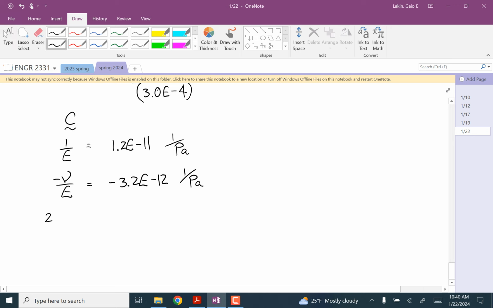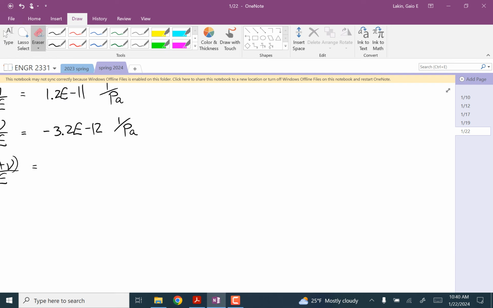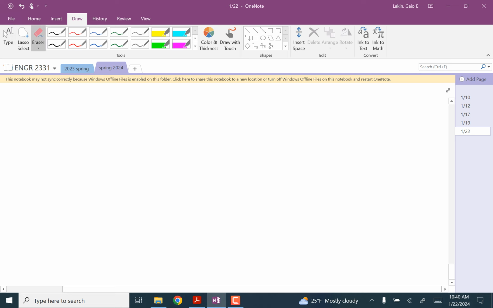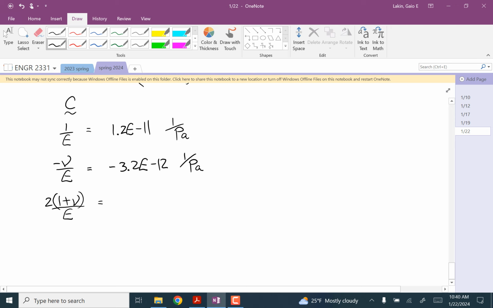And wherever you see 2 times the quantity 1 plus nu over E, that comes out to be, oh wow, that got small. That comes out to be positive 3.05 times 10 to the minus 11, 1 over pascals.